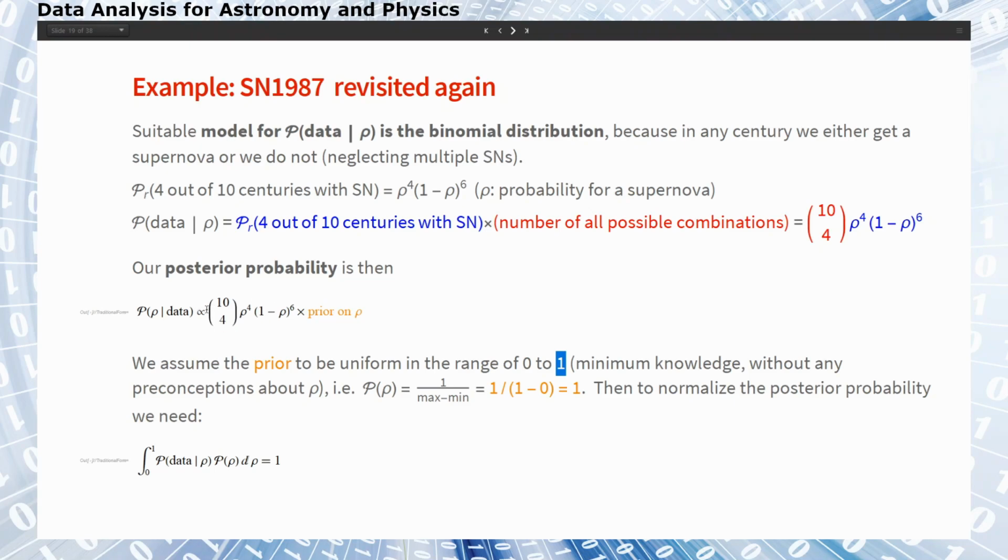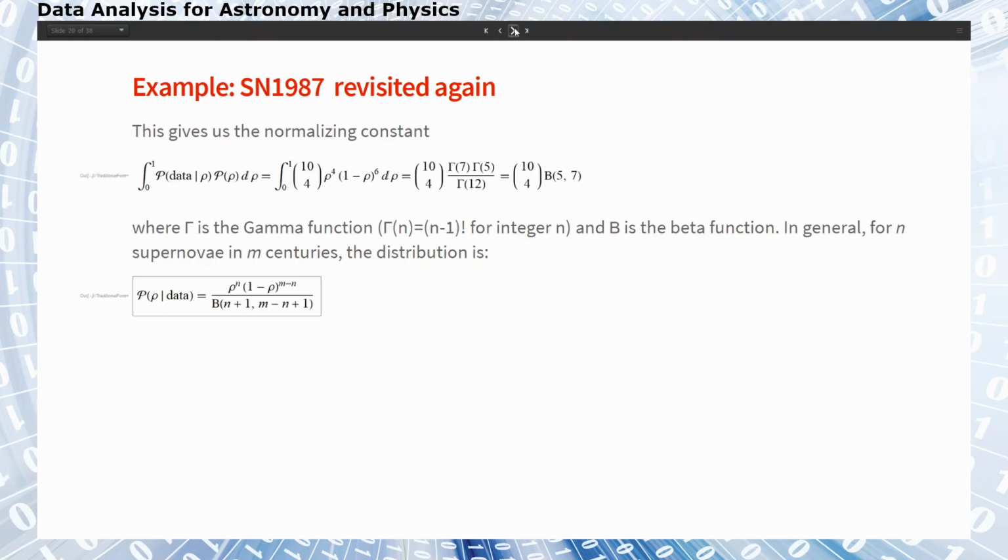To make this into an actual probability, we have to make sure it's normalized to 1, which means we have to compute the integral of this for all values of ρ and divide this expression by this integral. Then we are sure that it is normalized.